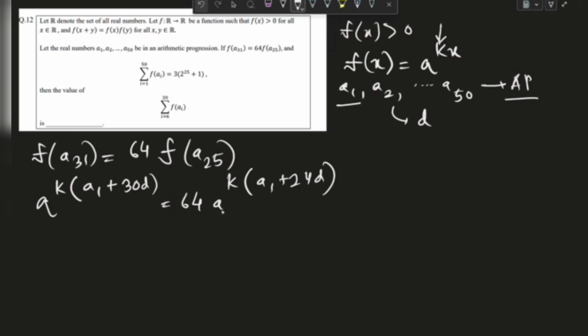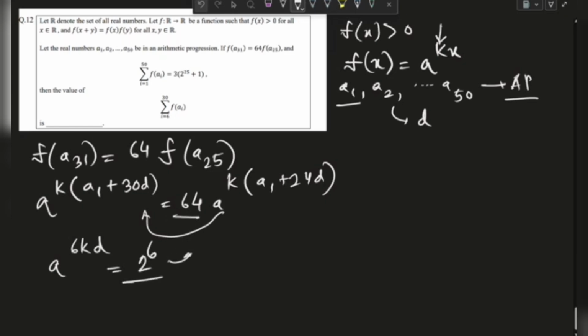So basically, if we take this power to the left side, these powers will get subtracted and we will have a power 6kd. Now 64, as you guys know, is 2 power 6.